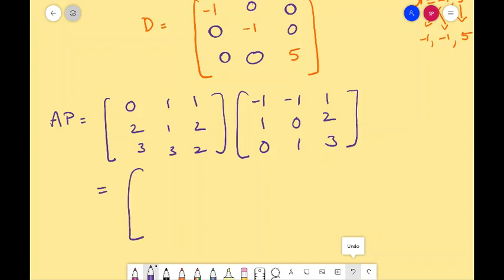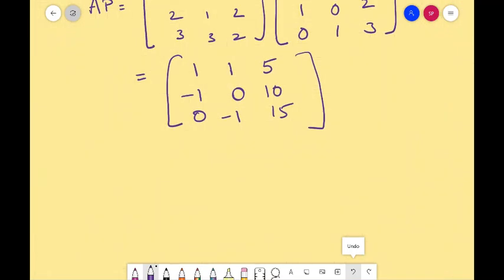So this is 0 plus 1 plus 0 is 1, and then 0 plus 0 plus 1, which is equal to 1, and then the next one is 0 plus 2 plus 3 is 5, and then minus 2 plus 1 plus 0 is minus 1, and then minus 2 plus 0 plus 2 is 0, 2 plus 4 plus 6 is 10, and then the next one is minus 3 plus 3 plus 0 is 0, and then minus 3 plus 0 plus 2 is minus 1, and then 3 plus 6 plus 6 is 15.